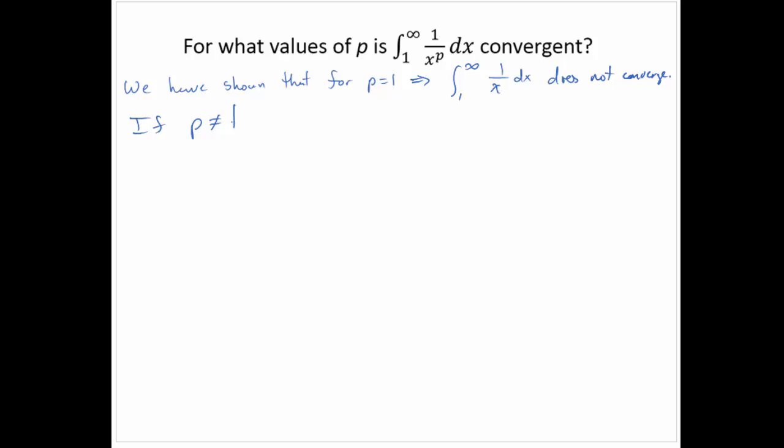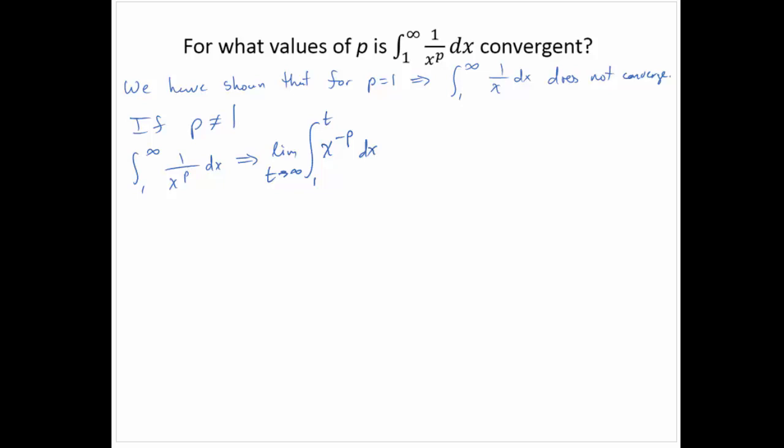All right, so if p is not 1, then the integral from 1 to infinity of 1 over x to the p dx can be rewritten as the limit as t approaches infinity of the integral from 1 to t of x to the negative p dx.